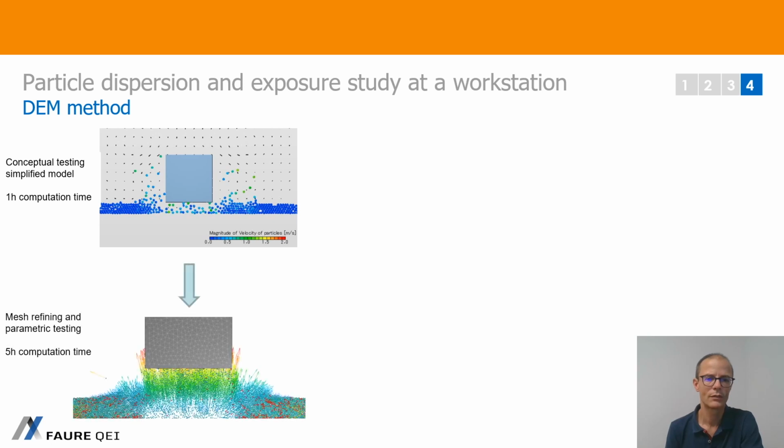Then we improved our model with smaller particles, as you can see. The color represents the speed of particles. We also had to refine the mesh, and we could do some testing on parameters like the DEM characteristics of particles.